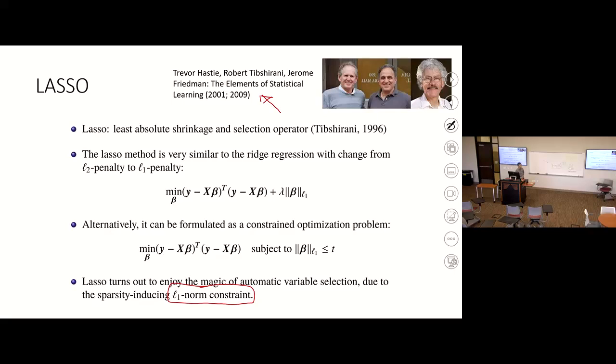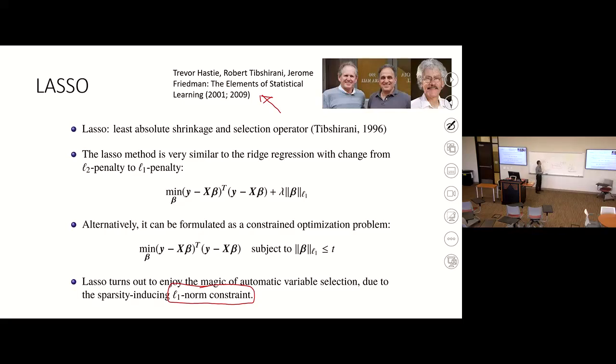Remember, the L1 norm is the summation of absolute values. If you have a beta with 0, with 1, with 2, so you have a large number of coefficients, we are going to take the absolute value of them and add them together. That gives you a term, t. This term will be put into the cost function for optimization at the same time.